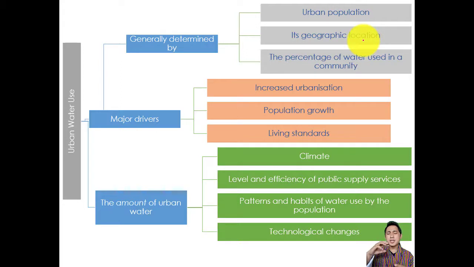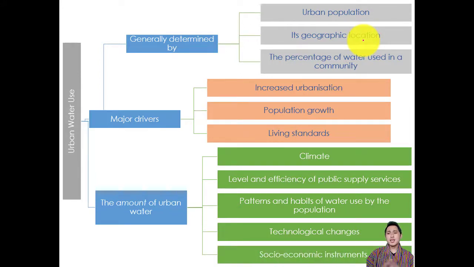A conventional or traditional water tap is not very efficient in terms of water conservation. But if a new faucet or a new shower head is installed, then that's much more efficient in managing and conserving water.